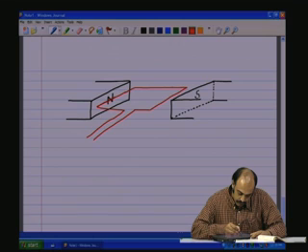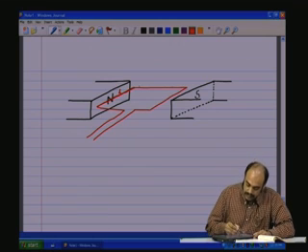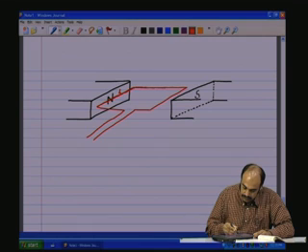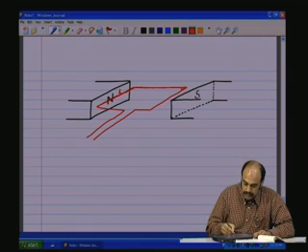So, we have a conductor of length L, there is a conductor which is this, there is also another conductor which flows through like that.